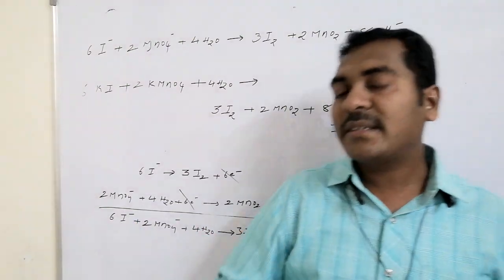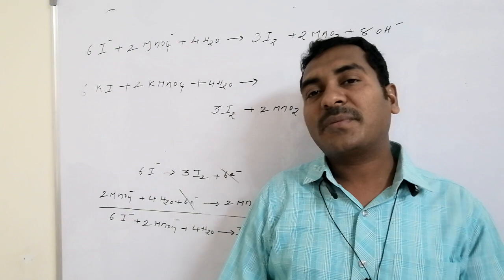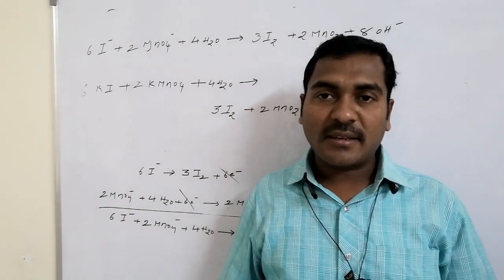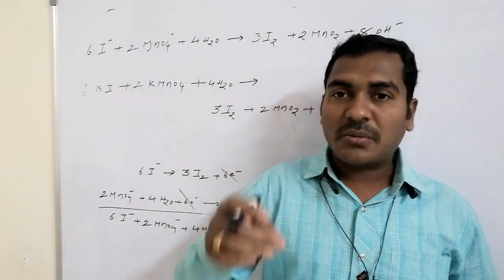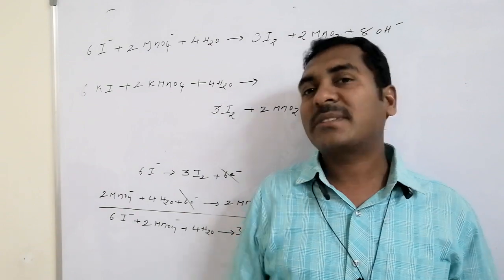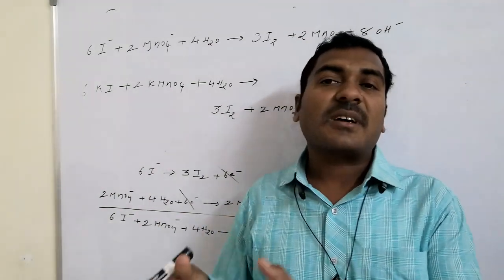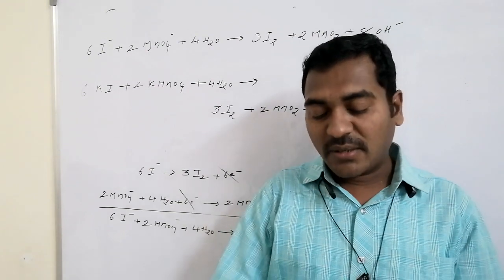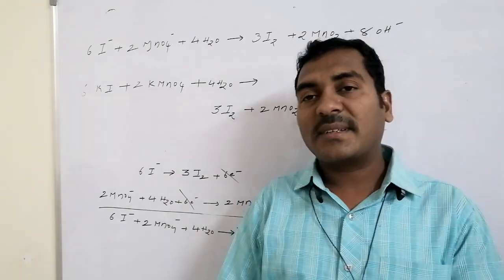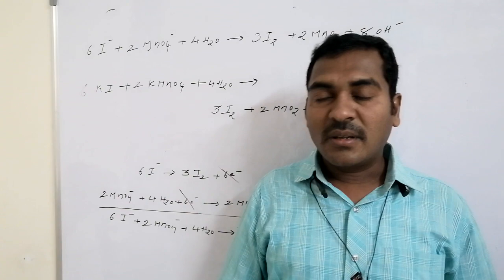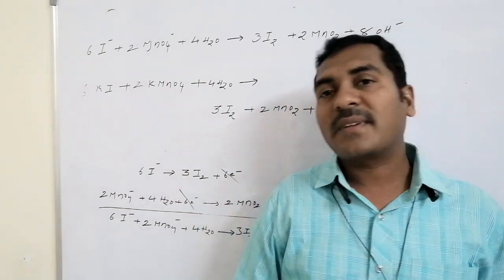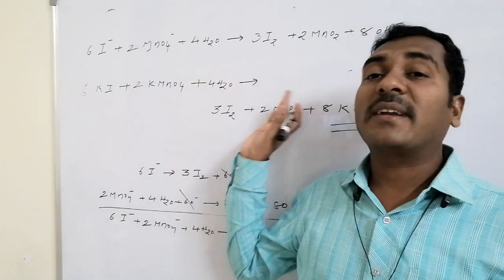Then if I want to write the molecular form of the equation without confusion, the charged species are to be written as neutral molecular species by the counter ion repetition, in both the reactants and the products. Thus we get the final equation.